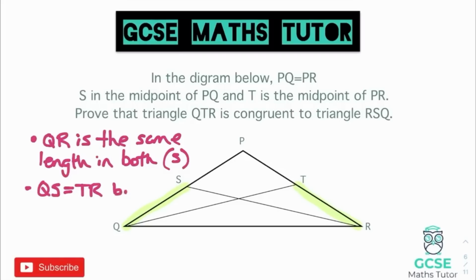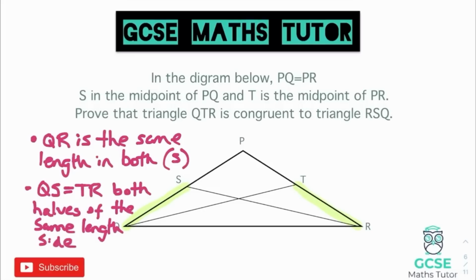Okay, both halves of the same length side. And you could write that in different ways, but I've just tried to write it in an obvious way there. So both halves of the same length of side. And again, that is a side. So we've got two sides already.